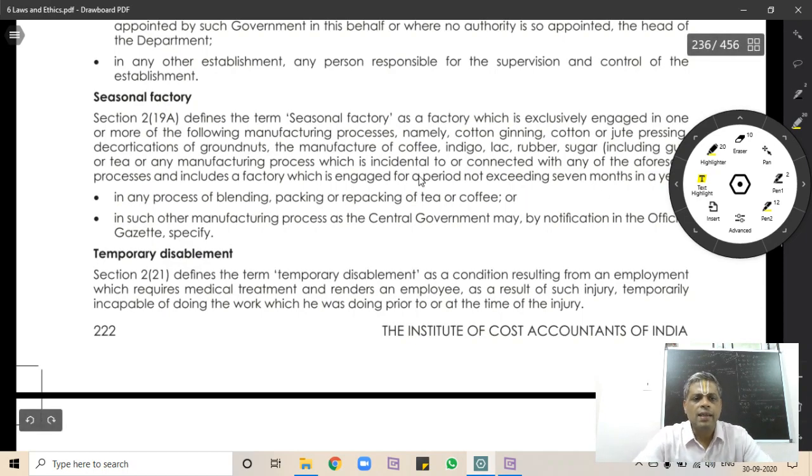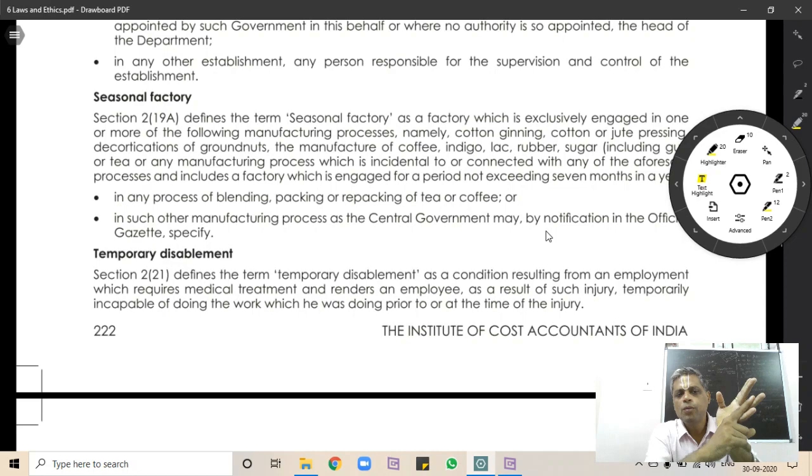And in any process of blending, packing or repacking of tea or coffee, or any other manufacturing process as the central government may by notification specify. So, cotton ginning, cotton or jute pressing, decortication of groundnuts, manufacture of coffee, tea, indigo, lac, rubber, sugar, including gur, and any of the allied or incidental or connected manufacturing processes relating to these factories, and any factory which is engaged for a period not exceeding 7 months in a year.